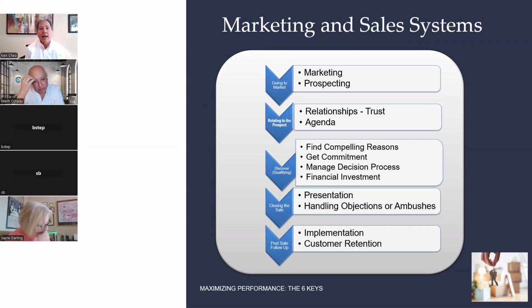And how well are they qualifying their opportunities? Is there really a compelling reason for a customer to do something or change what they're doing? And are they committed to changing? And how would that decision be made? Who's involved in the decision process? Are they meeting with everybody involved in the process?